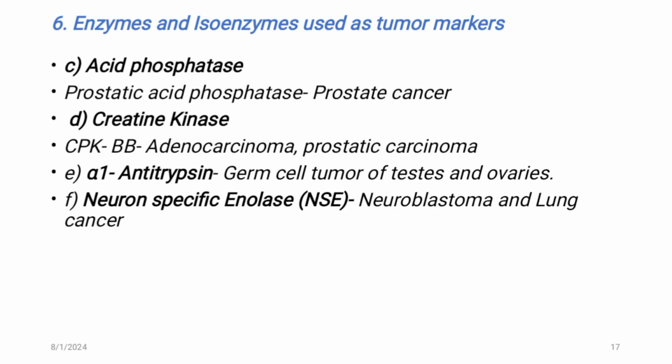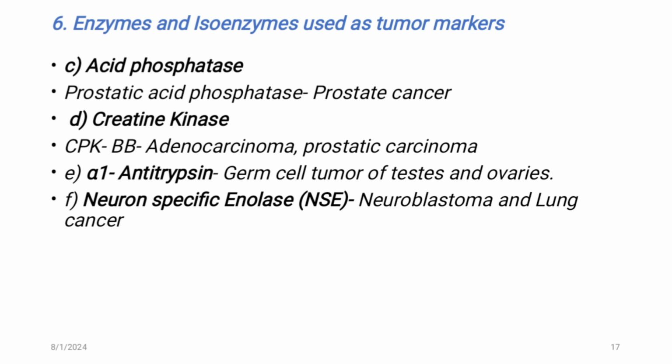The next are the enzymes and isoenzymes. The third type is the acid phosphatase, creatine kinase, alpha 1 antitrypsin, and neuron specific enolase. Acid phosphatase is used for the prostatic cancer.